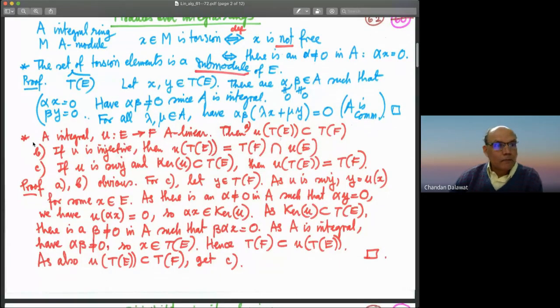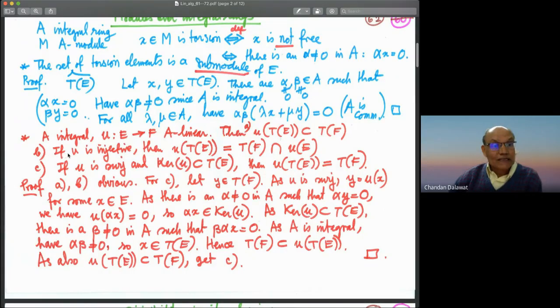Now, here's another fact. If I have an integral ring A and a linear map U from E to F, then little a says that it takes the torsion subgroup into the torsion subgroup. That's completely obvious.